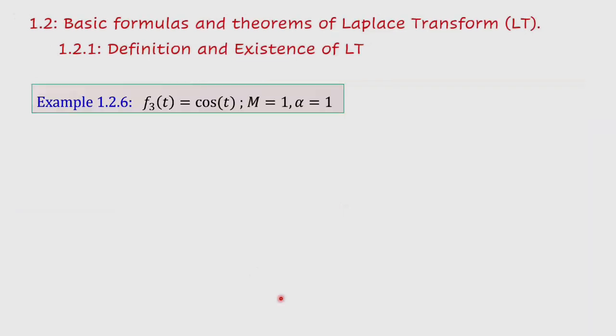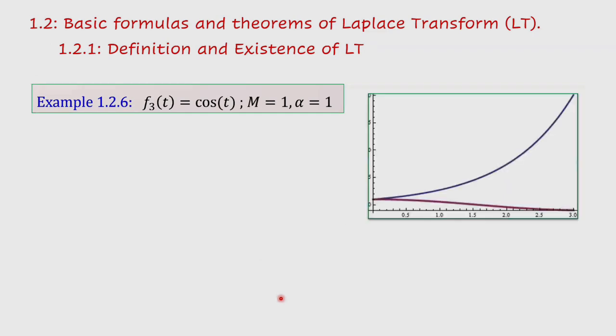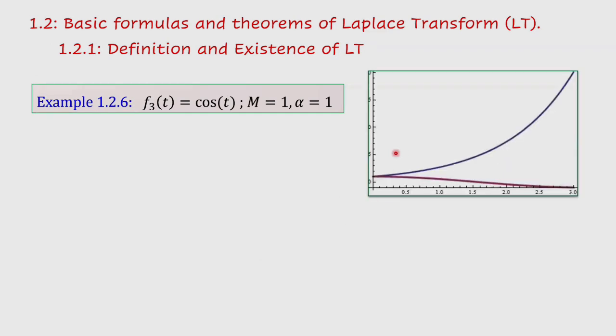Now we have the third example. We have cosine t, with M equal 1 and alpha equal 1. Again, the graph shows the exponential and cosine t. Cosine t is a wave-like function, but here it looks like it is just going down in a straight line, though it is not exactly a straight line, because we take the range from 0 to 3.